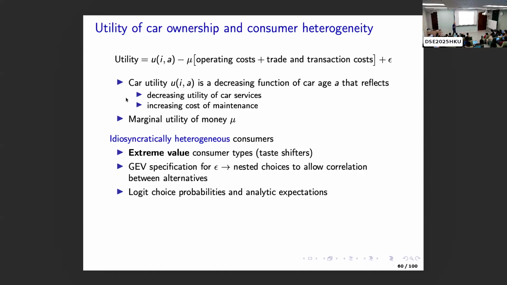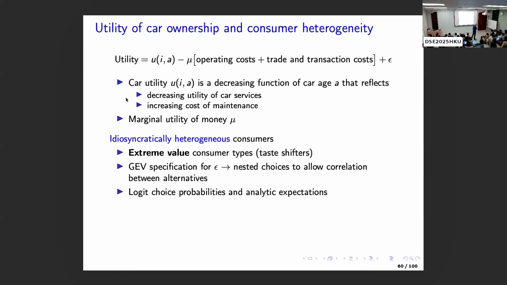Nothing wrong with a Fiat Punto, but there'll be differences across different groups. And then there's marginal utility of money, and you have to pay some operating cost and then some trade cost. Every time you buy a new car, you have to purchase a car. But if you have one already, you can sell the car, right?